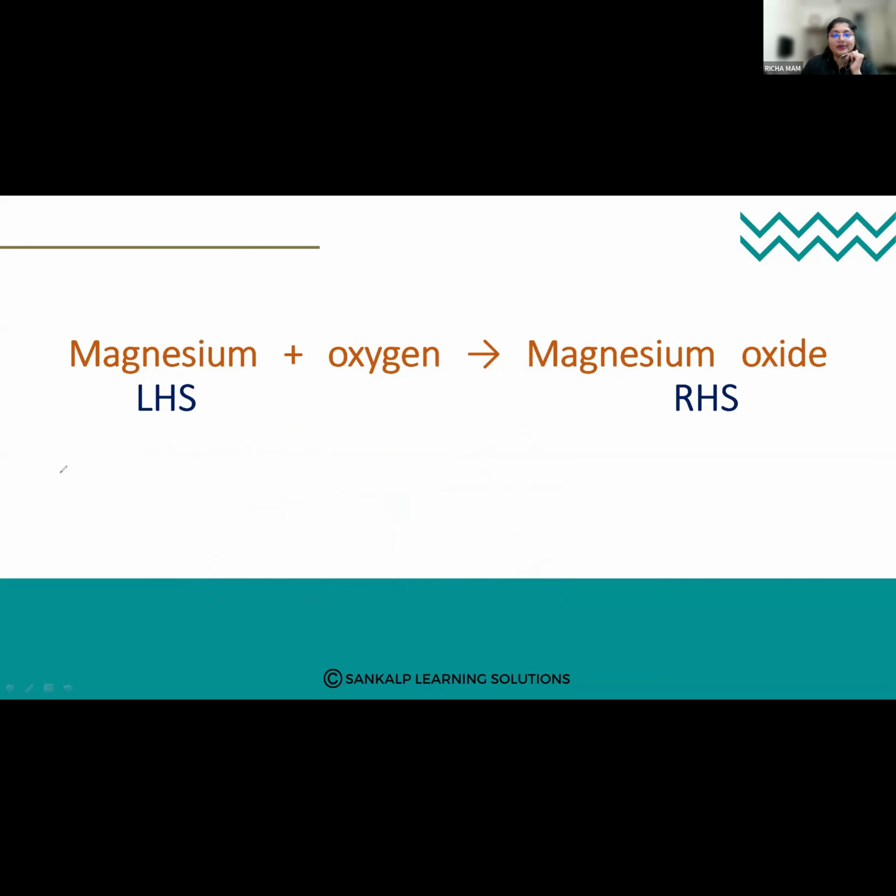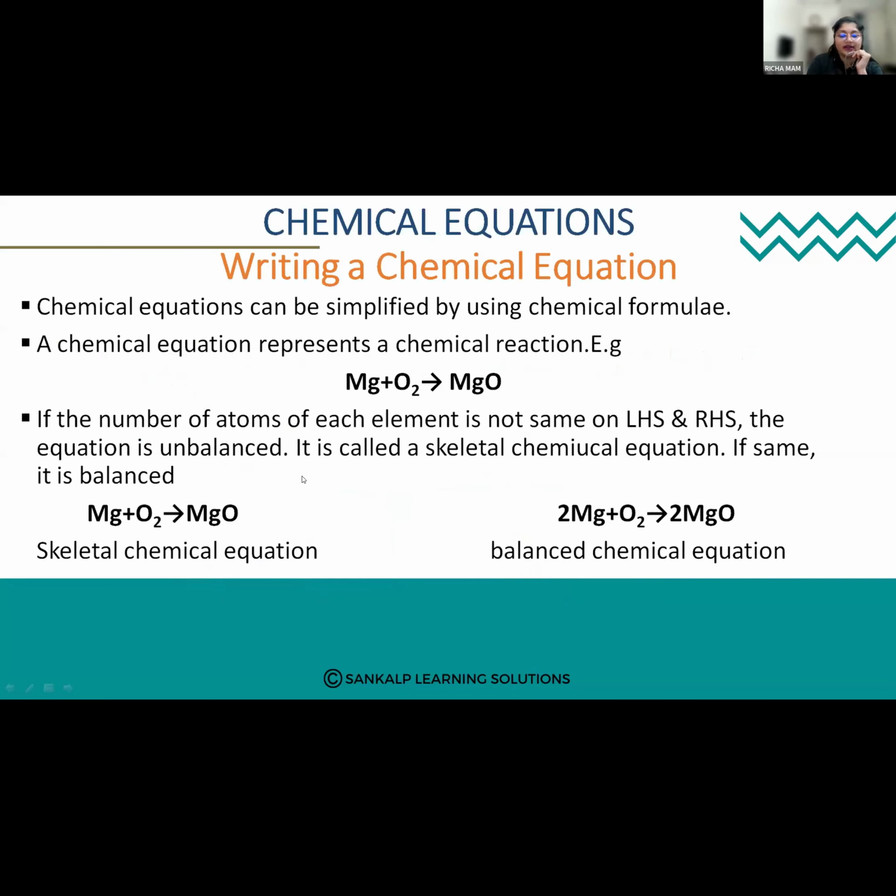Now, you might know the law of conservation of mass, right? What is the law of conservation? Mass can neither be created nor destroyed. So whenever we calculate the total mass of the elements present in the product, it should be equal to the total mass of the elements in the reactant.